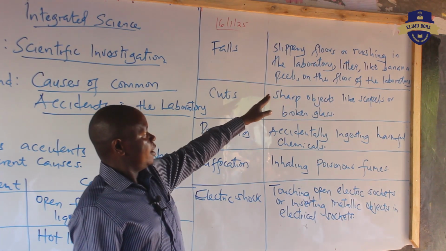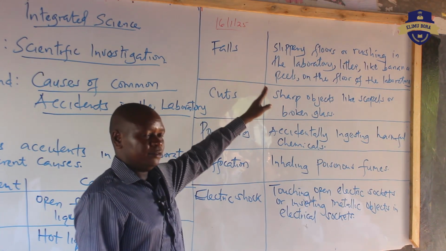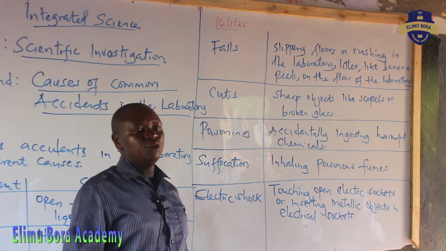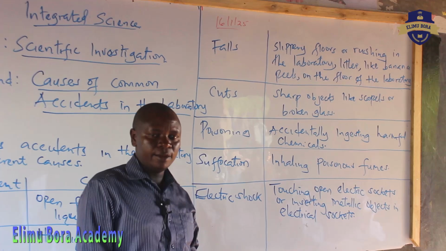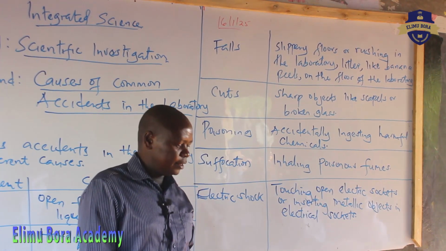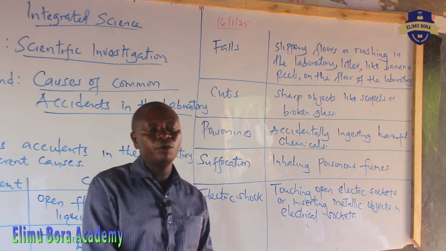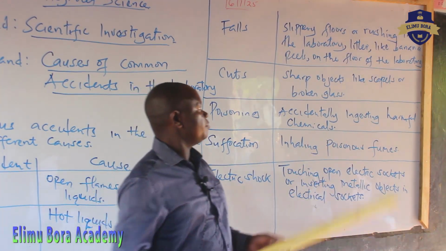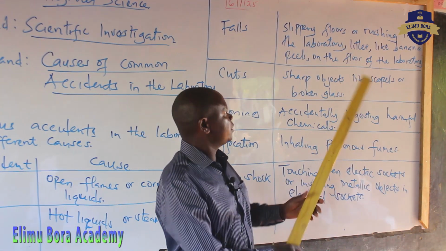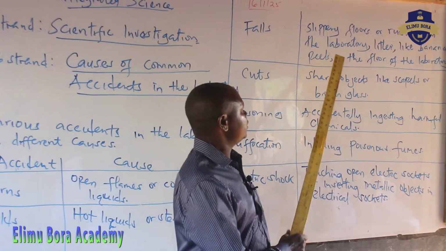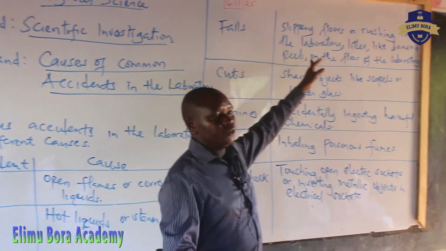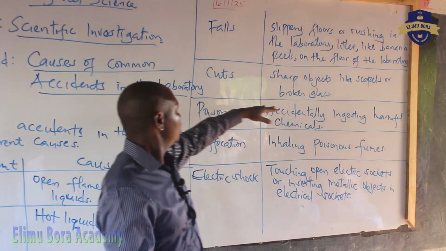And then, assuming that our floor is slippery, and mostly slippery floors, maybe it was tiled or cemented, and then after cleaning, the floor remained wet. You are likely to fall. And then if you are having litter, especially banana peelings on the floor, what happens? You are likely to slip and fall.